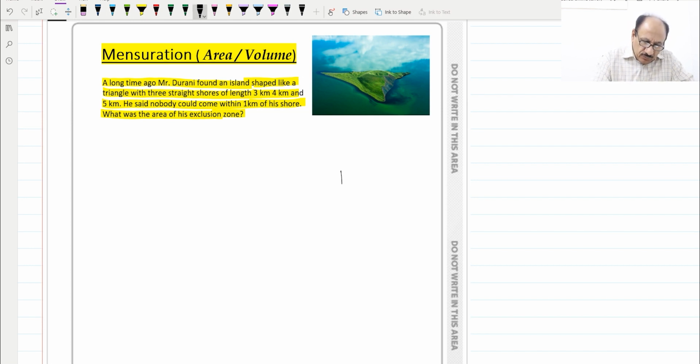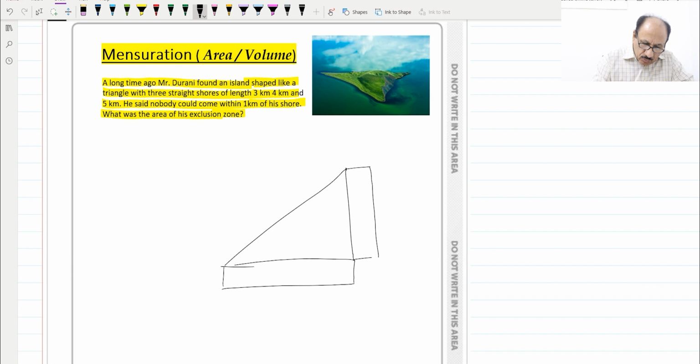So what we have to do is rough sketch a triangle. For example, like this one, this is the triangle, and the area excluded is one rectangle, this one. The other rectangle is 1 kilometer by this side also, and there is 1 kilometer by this side as well.